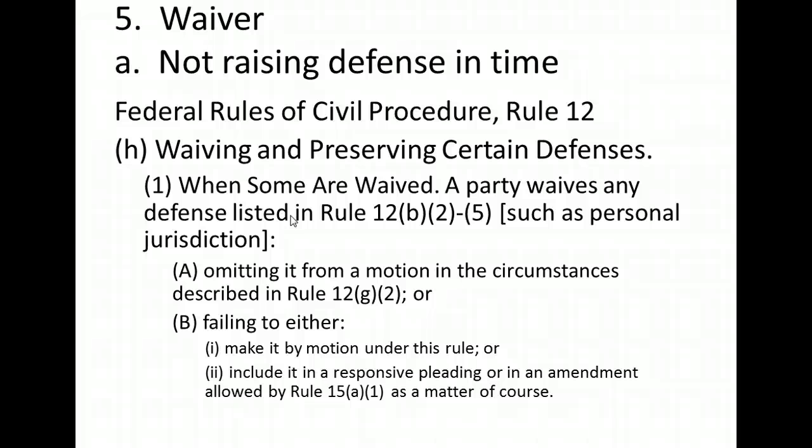The ins and outs of the waiver are presented in Rules 12(g) and 12(h) of the Federal Rules of Civil Procedure, and you don't have to get into those in detail right now, because you will be getting into those in detail later on in the semester. But the point here is that you need to raise this defense very early on, and if you don't do so, you have waived it.